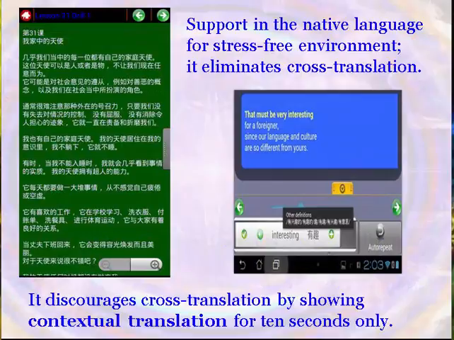All lessons have support in the native language organized to eliminate cross-translation. Tap on a word in the lesson and a window appears with the contextual translation in the native language. In this example, a Mandarin translation of the English word is shown only for 10 seconds.